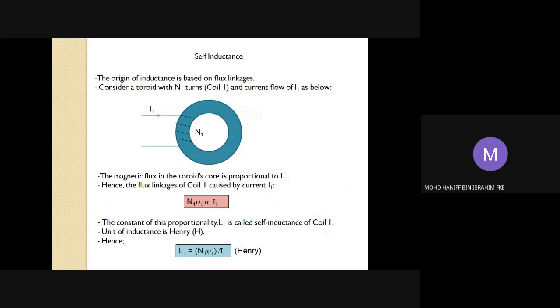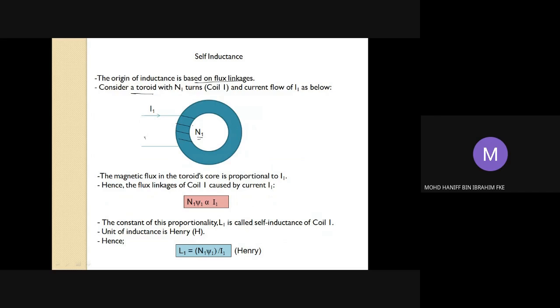Okay, so I did mention just now that the origin of inductance is based on the flux linkage. And if we consider this particular structure, we call this a toroid. In this toroid, we have N1 turns.